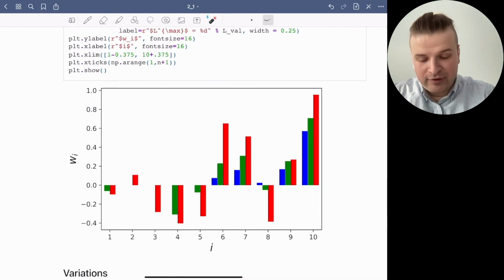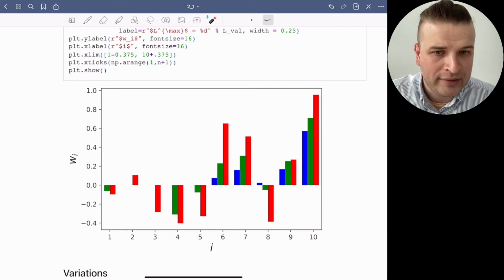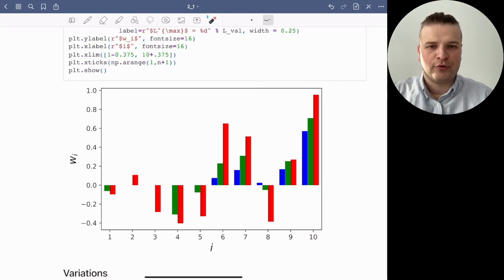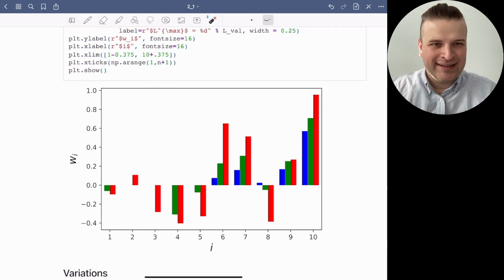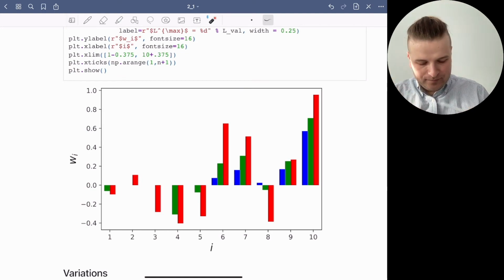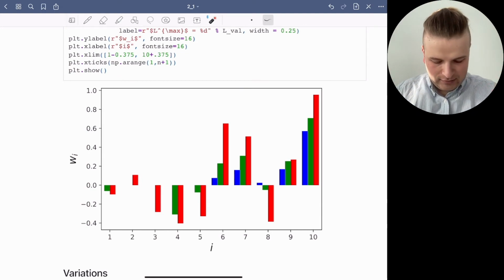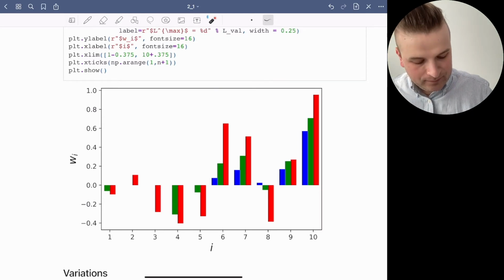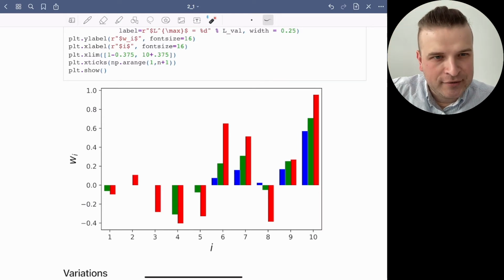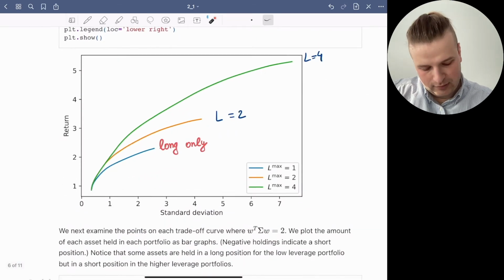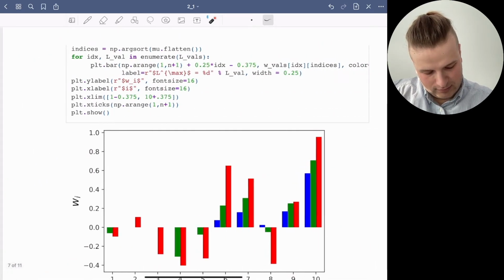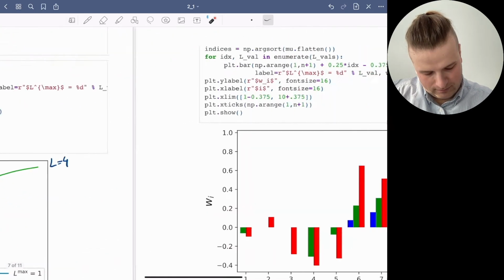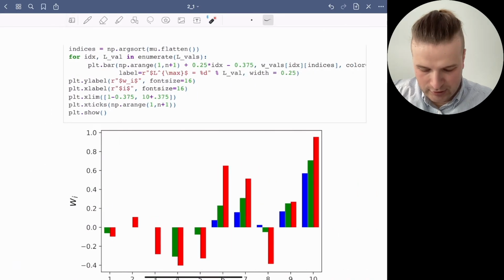That's, for example, the graph of the component of investment per each asset. We have only 10 assets here, and let me take a closer look. Do the colors here coincide? Not really, I suppose.